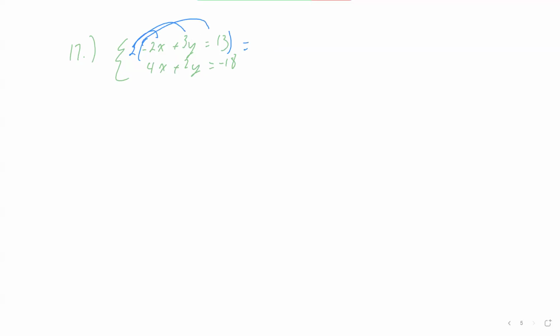And again, you can go by any process that you want, as long as at the end of the day, when you add your two equations up, it will delete one of your variables at least. So this will give me negative 4x plus 6y equals 26. And then 4x plus 2y equals negative 18. Add these up. That'll eliminate.